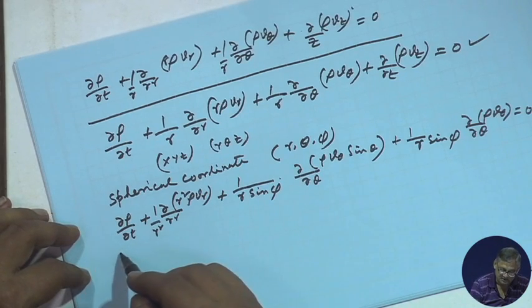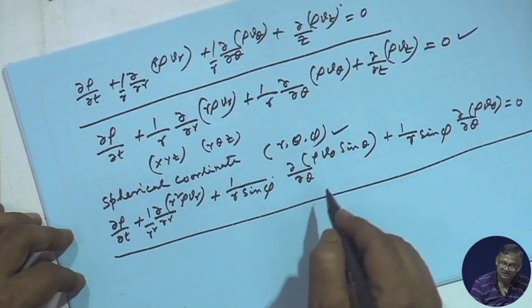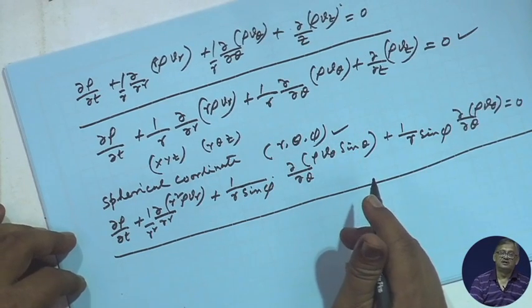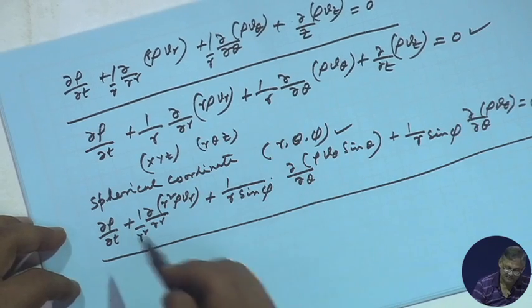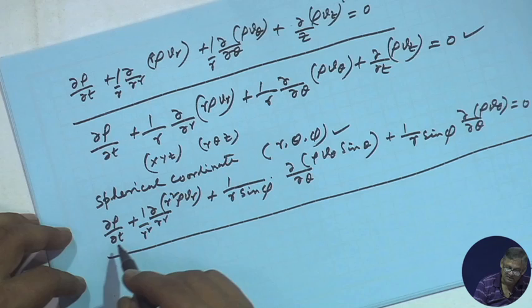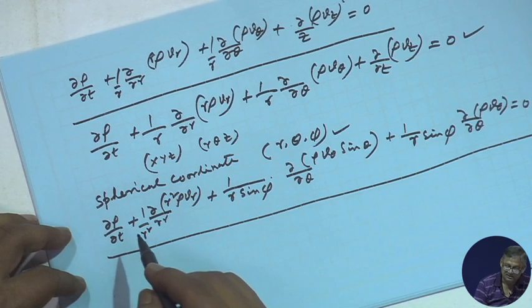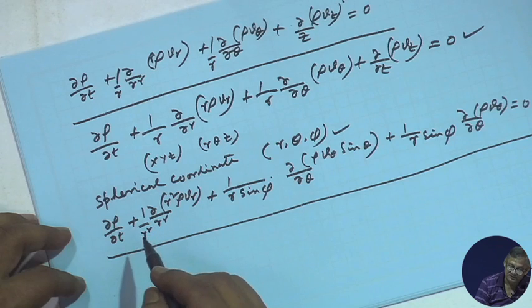So, spherical coordinate we are not deriving because r theta phi will be too much complicated and will take really good time. To avoid that, we are giving the final form of the spherical coordinate.